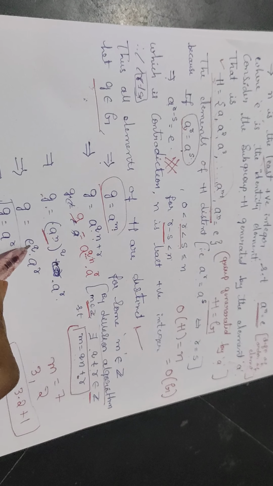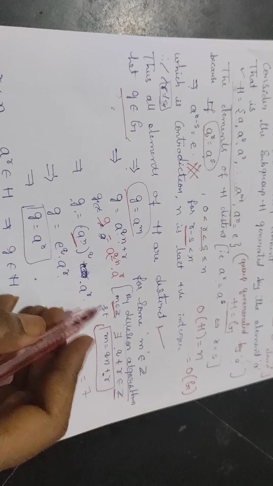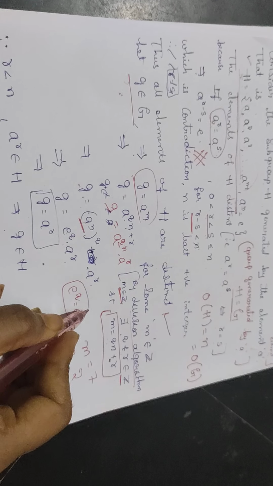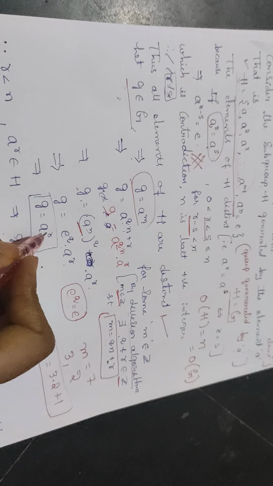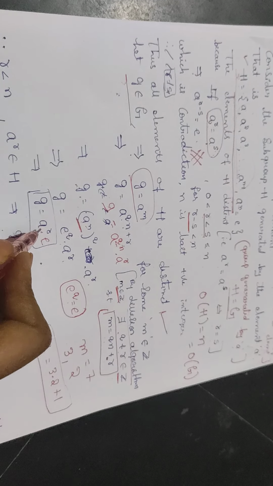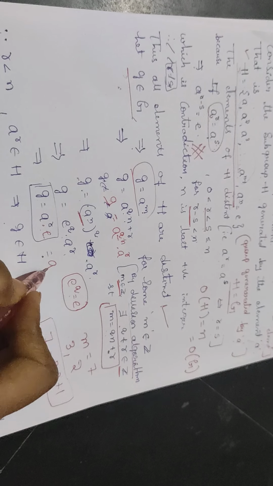Therefore this is e power q into a power r, and e power q is e itself, because e is the identity element. So this implies g is equal to a power r into e, and a power r into e is again a power r.